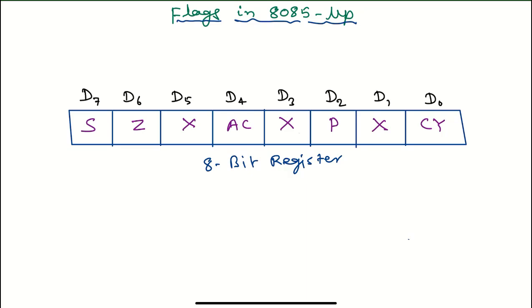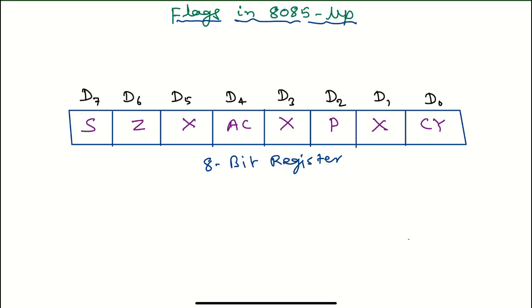They are available in the 8-bit register, but mainly we have 5 flags here. These 5 flags will change or be modified as per the result obtained after the execution of the arithmetic or logical instruction.